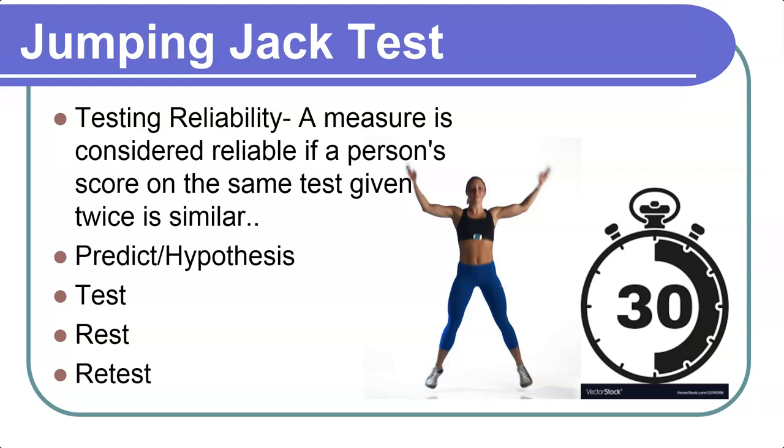I use the same conditions, the same test, the same hypothesis, and generally, 9 times out of 10, students usually have the same or almost similar score the second retest, showing that the test is reliable. So I give the same conditions, the same test, under 30 seconds, jumping jacks, and you can get the same answer twice in a row.